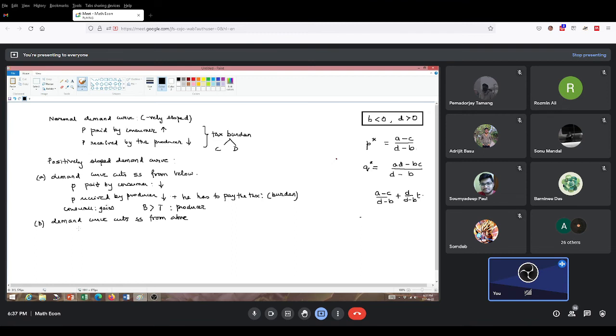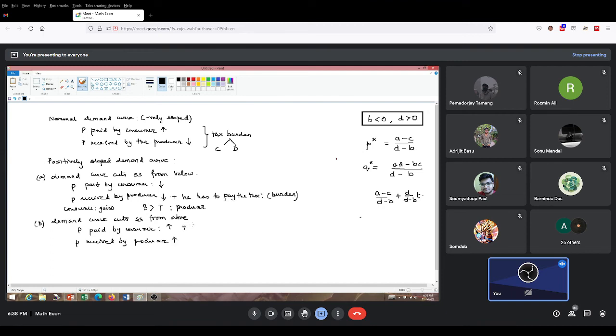In this case, what happens? The price paid by the consumer, what happens? This is the second case. It is going to rise. The price received by the producer is also rising.